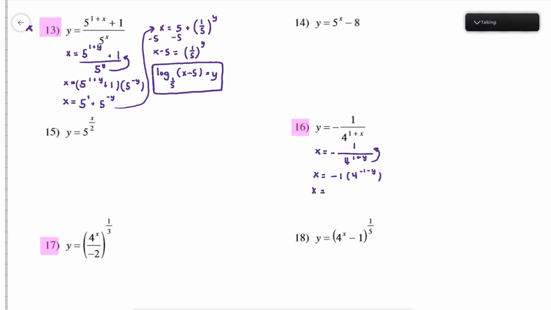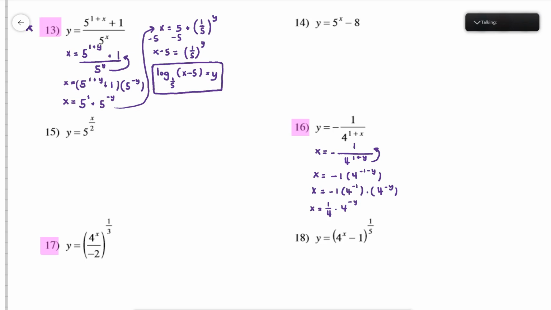I'm going to separate. This is 4 to the negative 1 times 4 to the negative y. 4 to the negative 1 is 1/4. We have that negative 1 in the front, so 1/4 times 4 to the negative y.